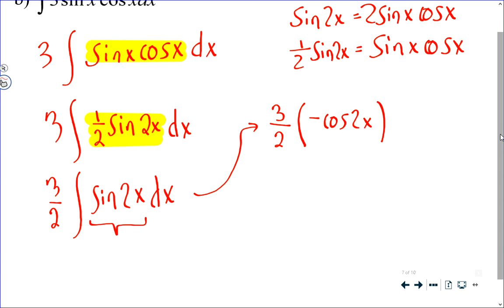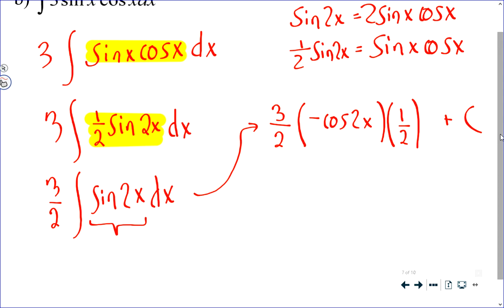And I need a 2x there because the argument is 2x. The only problem is if I were to differentiate negative cosine of 2x, I do get positive sine of 2x, but I also get times 2 because of the chain rule. And that means that I need to multiply this by 1/2. I'm going to throw in my constant now.